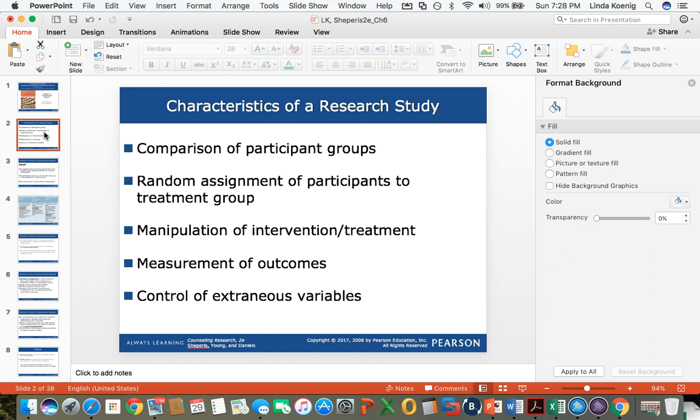We have random assignment of participants to the treatment group. We have manipulation of an intervention and/or treatment. We measure outcomes, and we control extraneous variables, or variables outside the study that can have an impact on the outcomes.